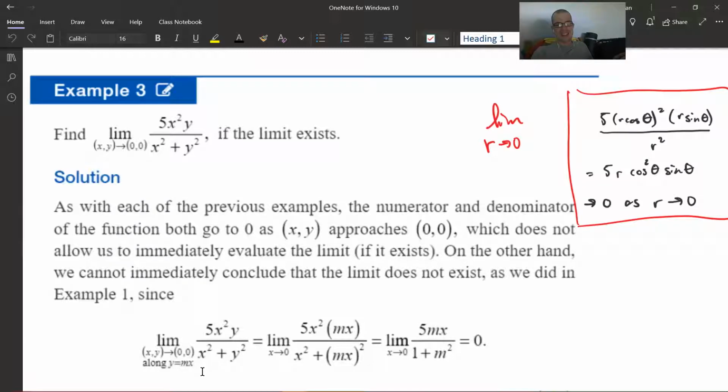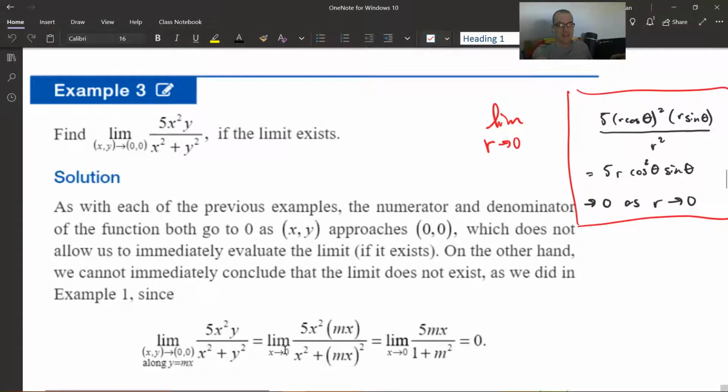That can be a handy way to see if multiple examples all agree all at once of many different paths that could approach 0, 0. But this is not necessarily a proof that the limit exists, as we will see at the end of this lesson, even though we would be testing infinitely many paths towards the origin here, along a bunch of different lines with slopes of whatever we want m to be.